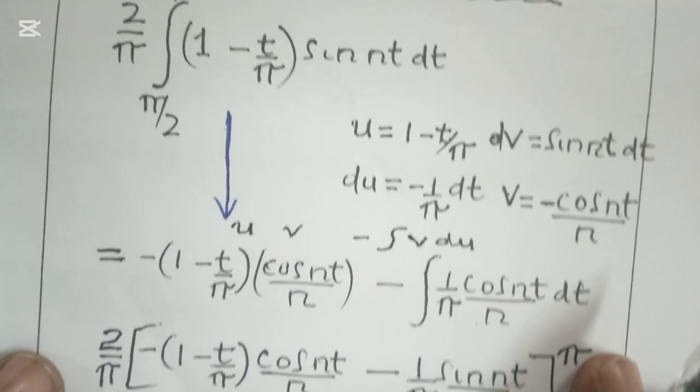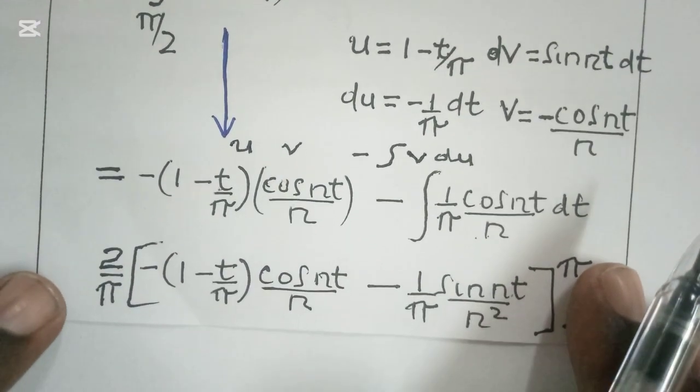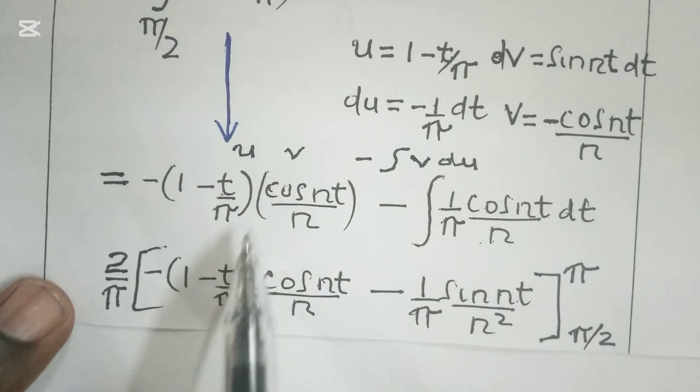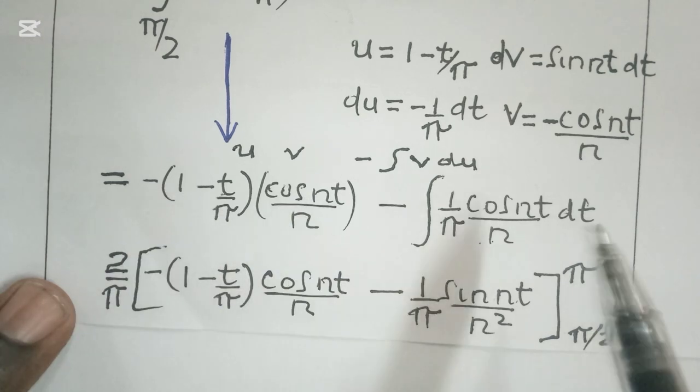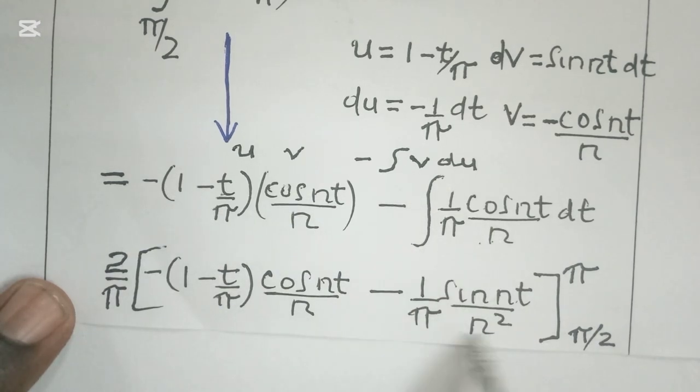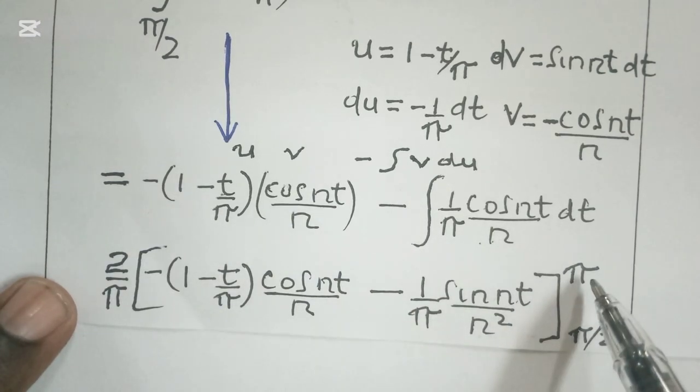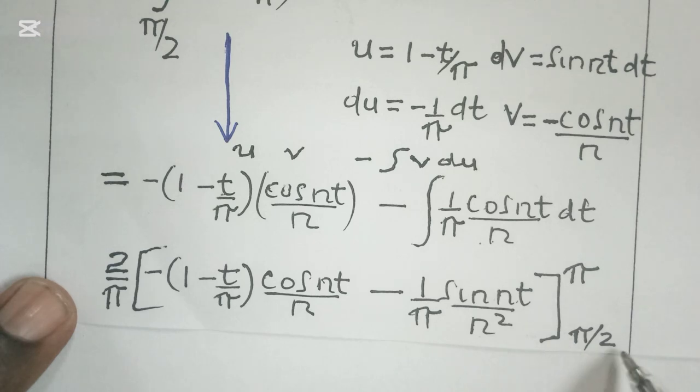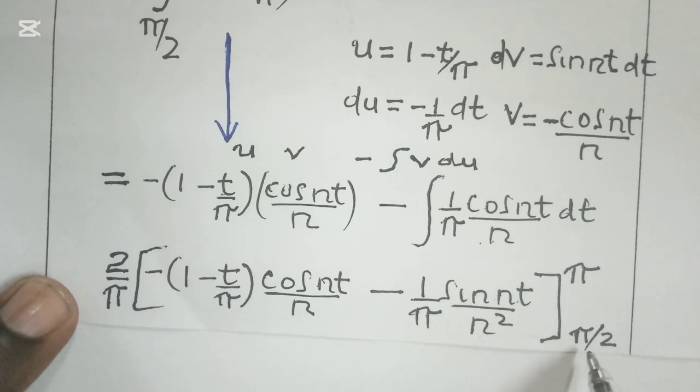So when we do that, this is what we are going to find. When this is already integrated, we integrate that, we get that. So from pi over 2 to pi. I now come and replace my pi first, and then I replace my pi over 2 next.